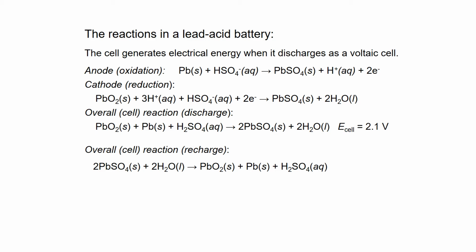And it is important that you understand what happens in the anode, in the cathode, and then the overall reaction. So this is as it discharges, and this is when it is recharged, so that you can be able to use it again.